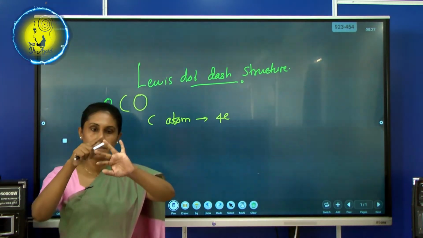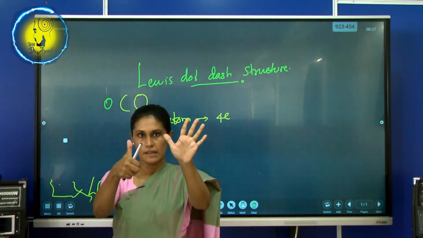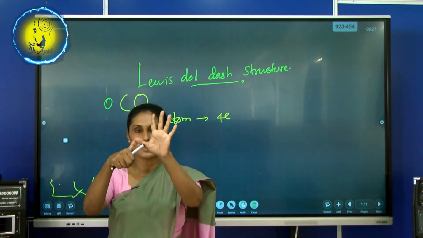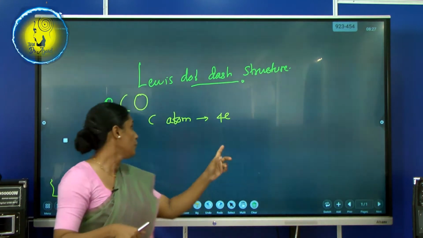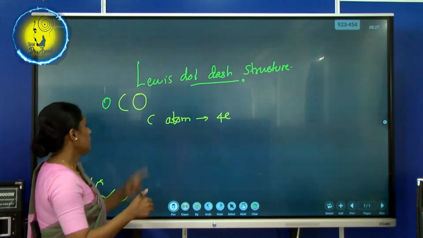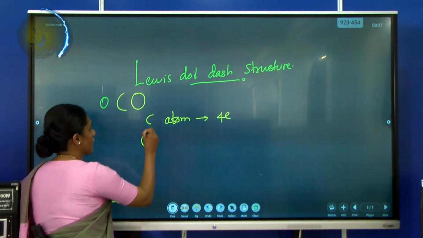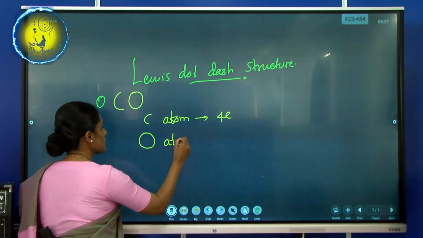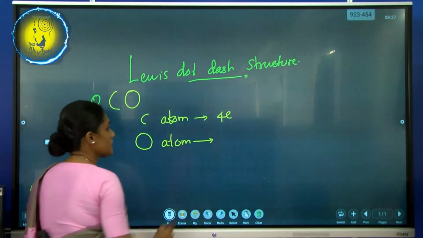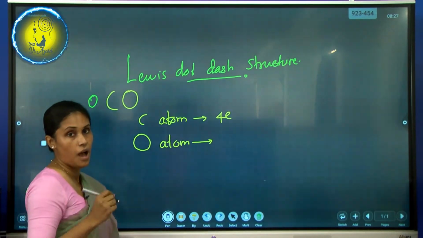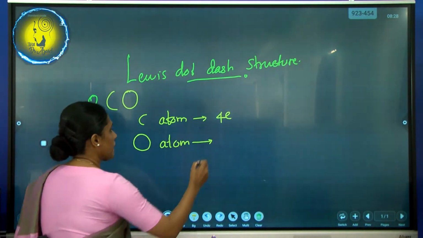Hydrogen, helium, lithium, beryllium, boron, carbon. So 6. Now if you are writing the electronic configuration, 2 and 4. So I wrote 4. Then we'll take the valence of the oxygen atom. When it comes to oxygen, it is 6. I'm talking about the outermost shell, right?